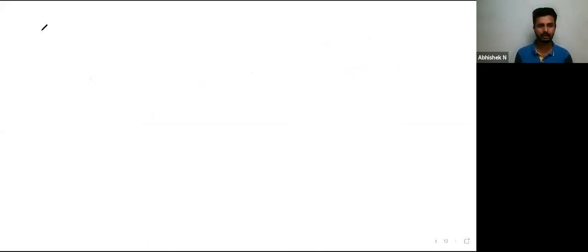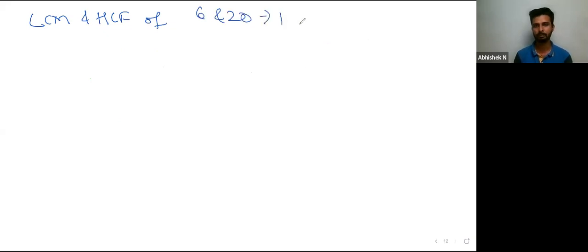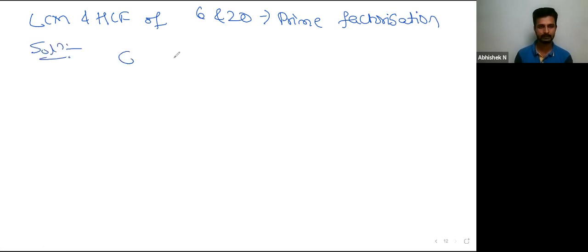Next is one more example: find the LCM and HCF of 6 and 20 by the prime factorization method. We need to find the LCM and HCF of 6 and 20 by the method of prime factorization. So how can we write 6? 6 can be written as 2 into 3, right?